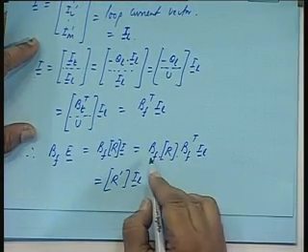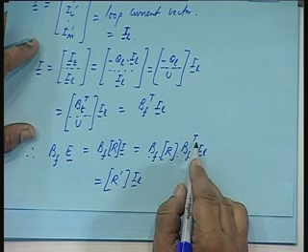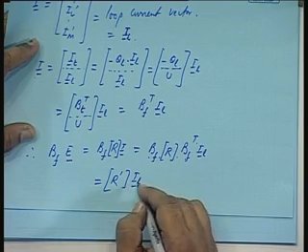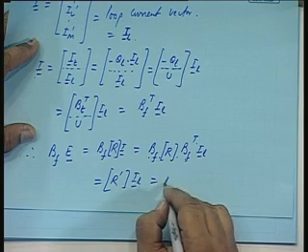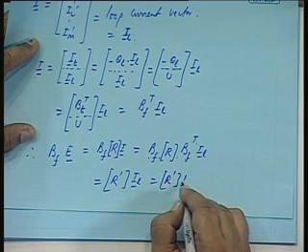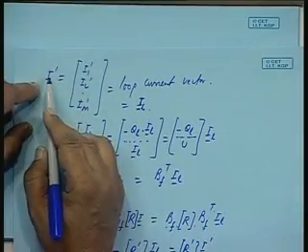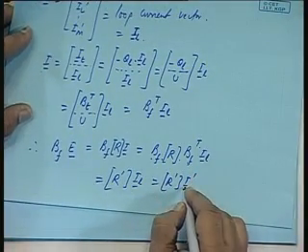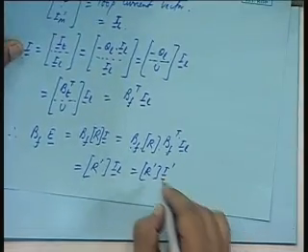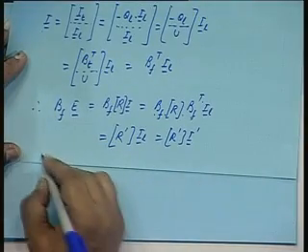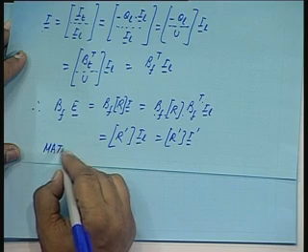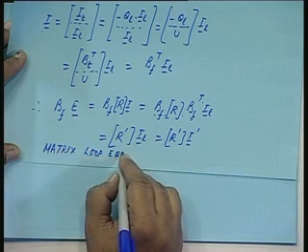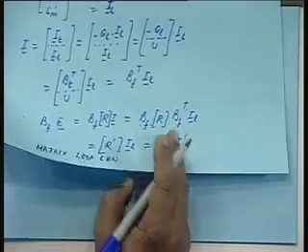So BF R BF transpose I am writing as R dashed. So this will be R dashed into IL, and what is IL? It is basically I dashed itself, is it not? I dashed is IL, so I might as well write IL or I dashed. This is the matrix loop equation.